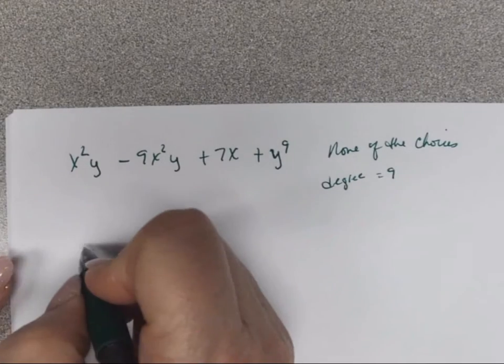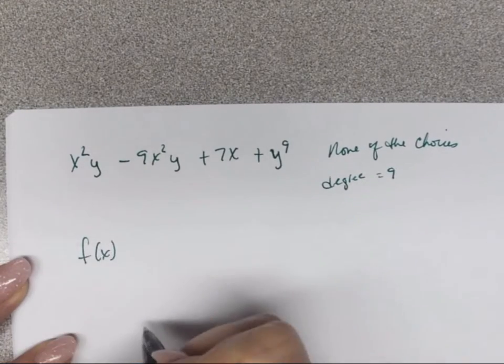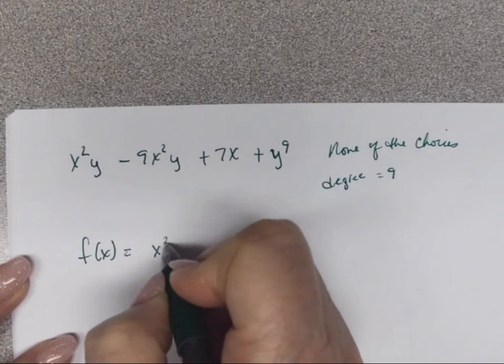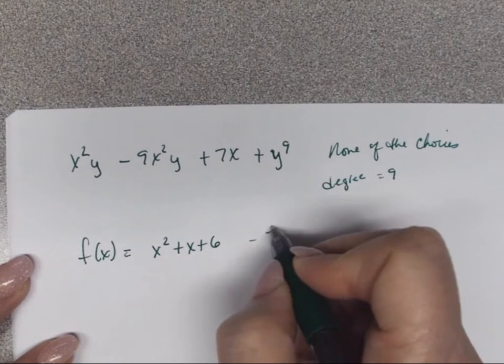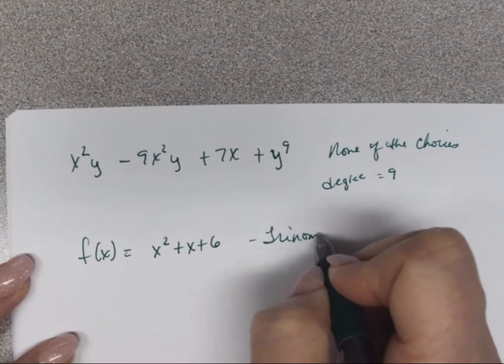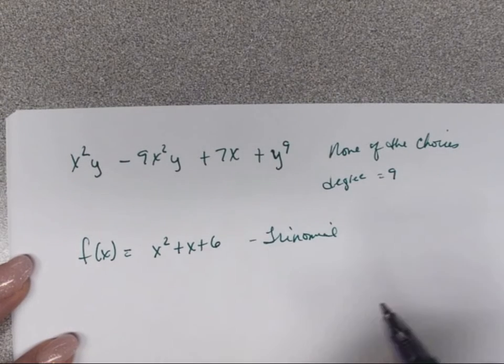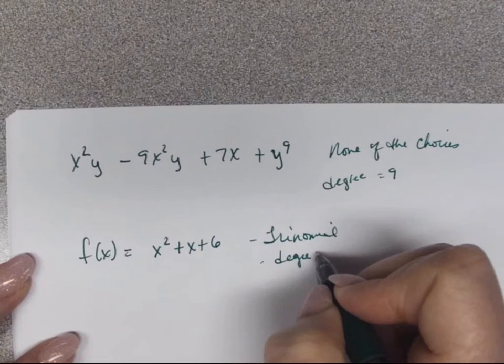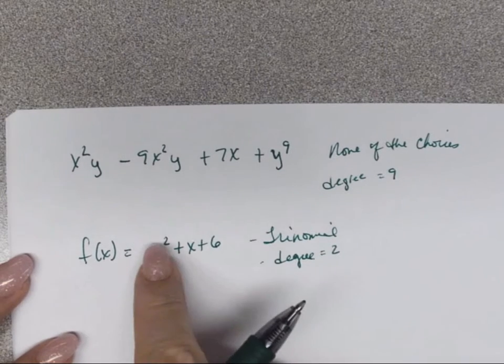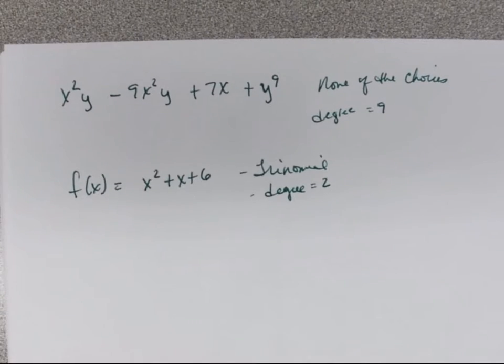All right, what if we see something written like a function, f of x is equal to x squared plus x plus 6? Well, this will be a trinomial because we have three terms, and it has a degree equal to 2, because 2 is our highest degree.